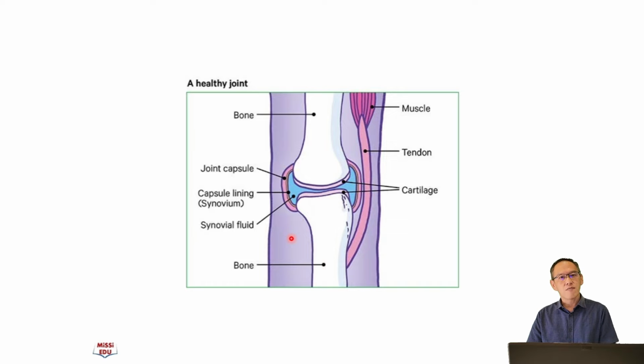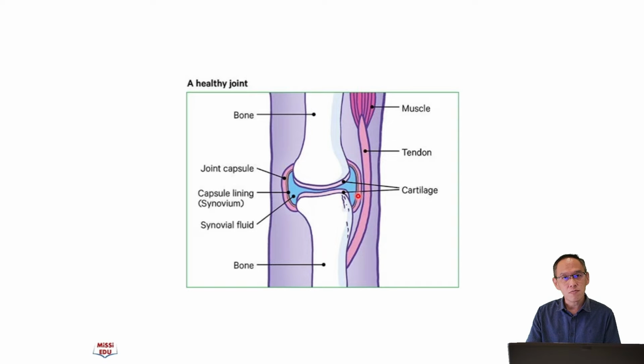Now, this is the structure of the joint. For a healthy joint, as you can see in the diagram here, this is one bone and the other bone joined together. There's a healthy space between these two bones, and at the ends of these bones there is a lining of cartilage. Holding this joint together, the first layer is called the capsule.